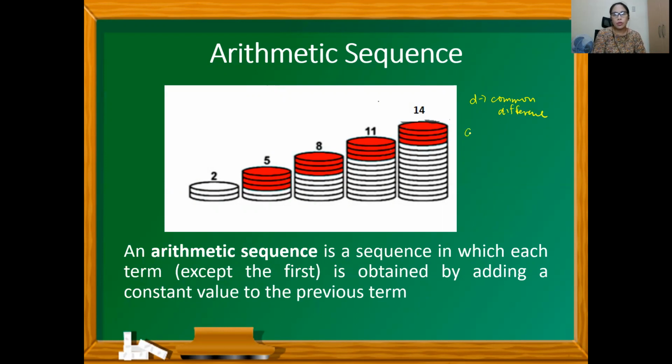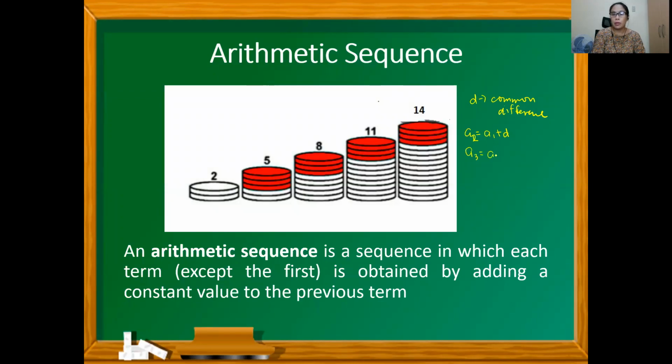Now, the second term, which is denoted by a sub 2, is obtained by adding the previous term a sub 1 to the common difference. Likewise, a sub 3 is obtained by adding a sub 2, which is a sub 1 plus d, to the common difference.